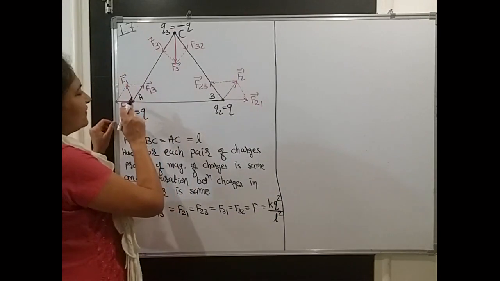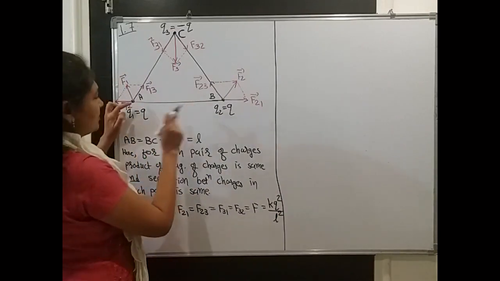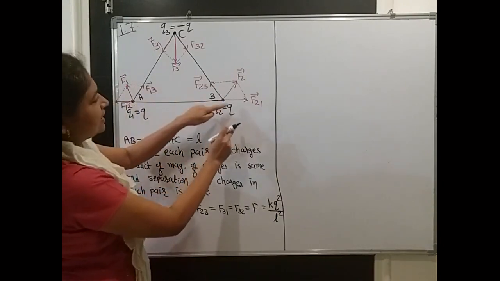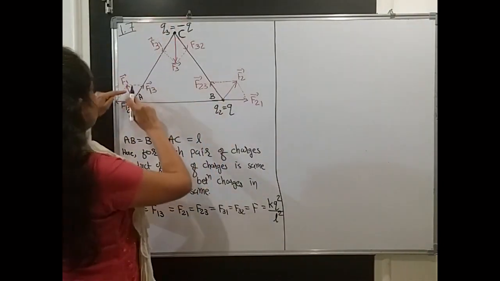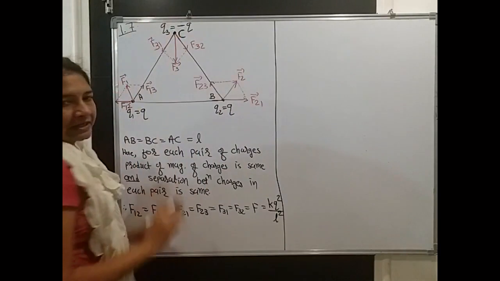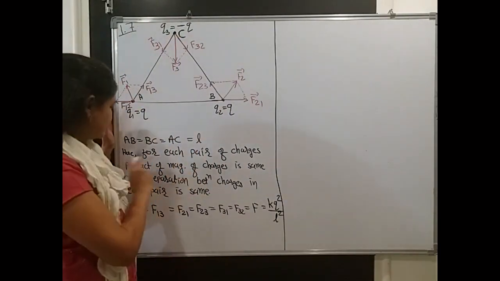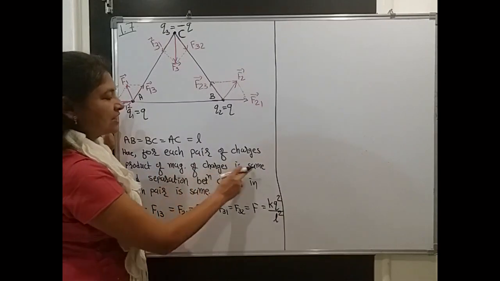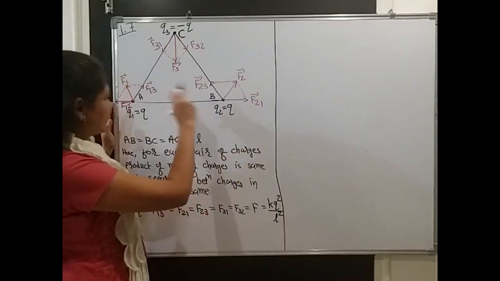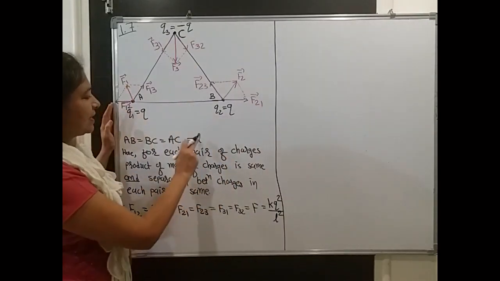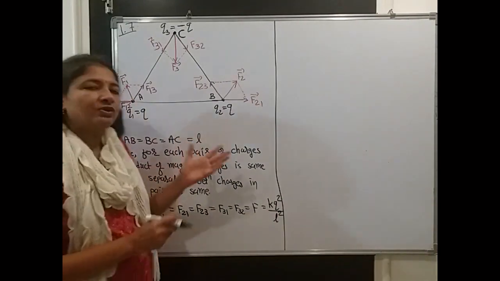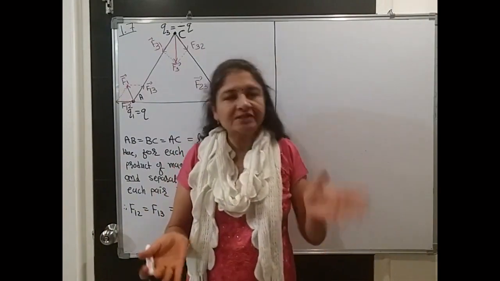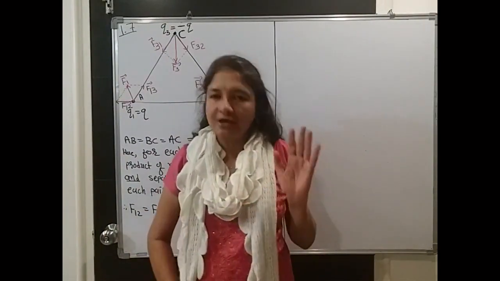Second thing, if we consider the product of the magnitudes, here Q square, here also Q into Q, that is Q square. So I can say that for each pair of charges, the product of magnitudes of charges is the same, it will be Q square, and the separation between each pair is L. And we know that the magnitude of force depends on the product of the magnitudes of charges and is inversely proportional to the square of the distance.